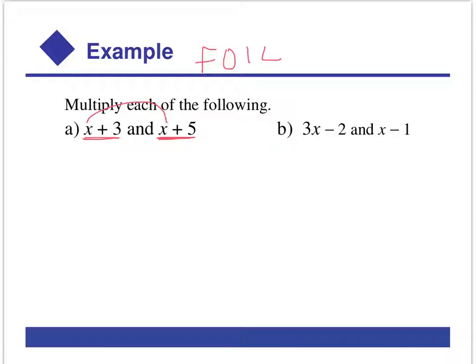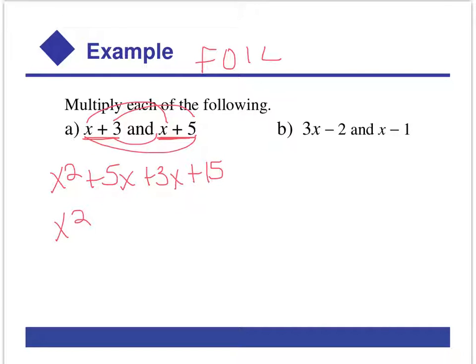So first gives us x squared, outer gives us 5x, inner gives us 3x, and last gives us 15. Then we're going to gather like terms, and then we are finished. Okay? That's the way I do this one.